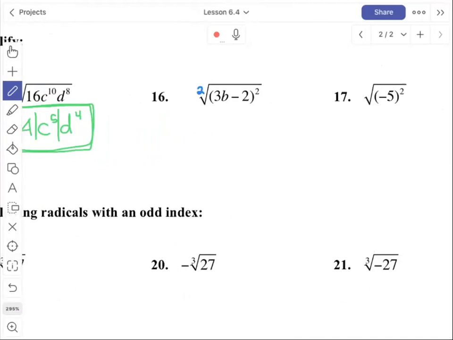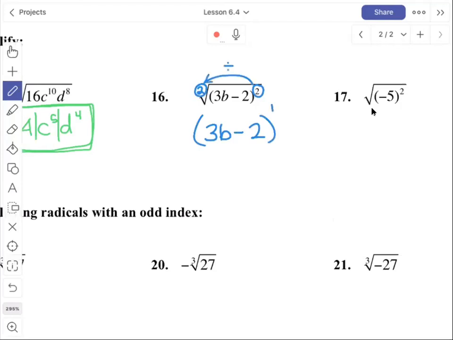So 3 2. Yes, Bowen, you can go. Is it just 3b minus 2? Good. The 2 dividing by the 2 just gets you 3b minus 2 to the first power, right? Because you divide.